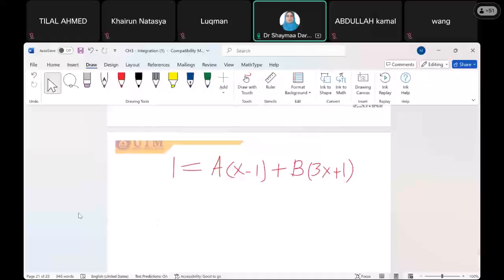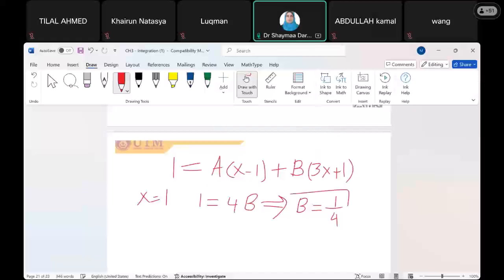To find the values of A and B, let x equal 1. When x equals 1, the first part is 0. So 1 equals 4B, which means that B is 1 over 4.